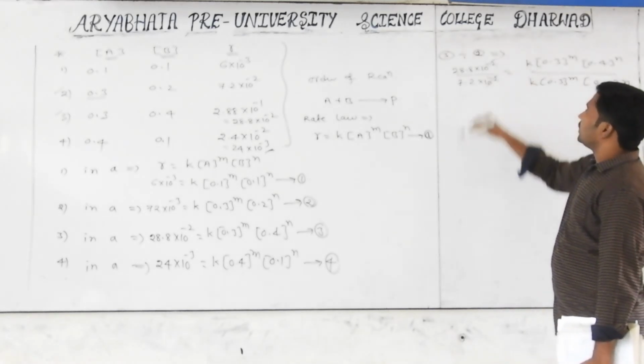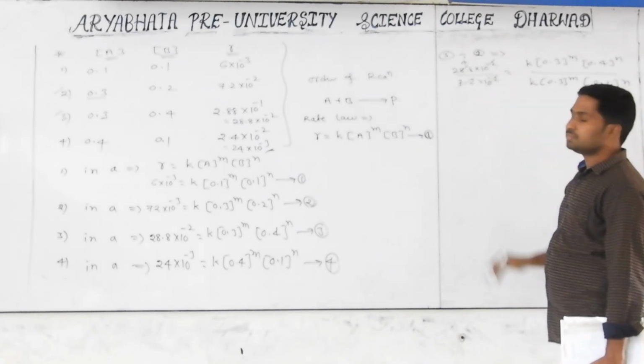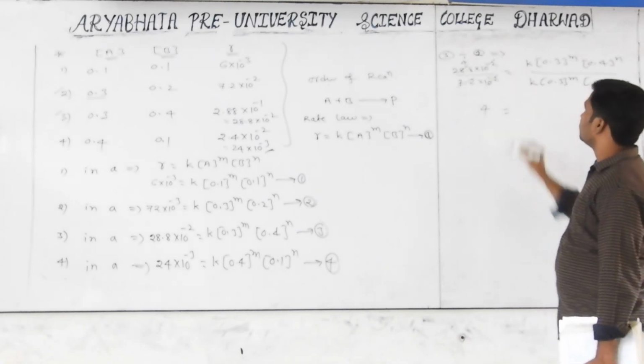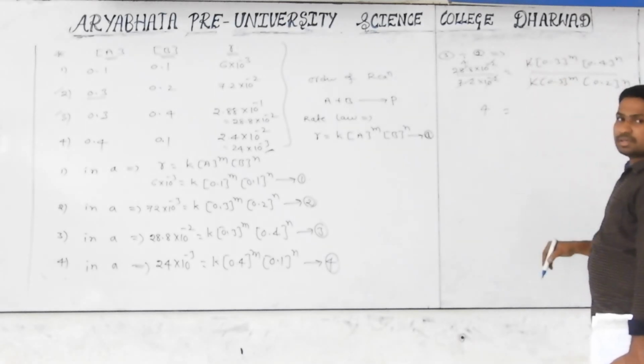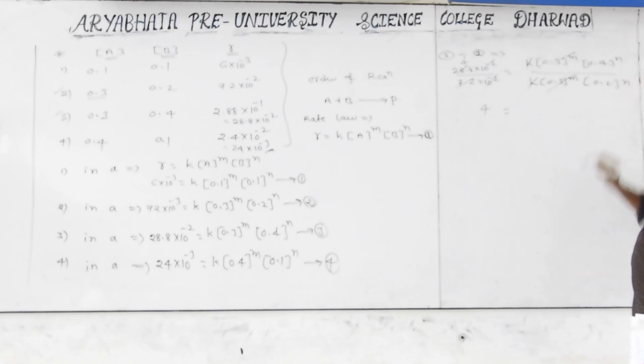10 power minus 2 and 10 power minus 2 cancel. Here, around how many times? 4 times. So the left side value is 4. On the right side K and K cancel, 0.3 power m and 0.3 power m cancel. 0.2 into 0.4, we have again one more formula, A power n by B power n, then what is coming?